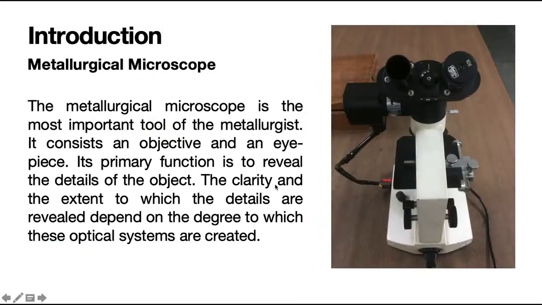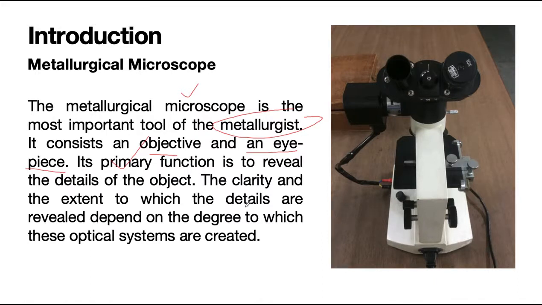The metallurgical microscope is one of the important tools used by the metallurgist. It mainly consists of an objective and eyepiece, although it also has other components like illuminators and light filters. But the objective and an eyepiece are the two important components of a metallurgical microscope.